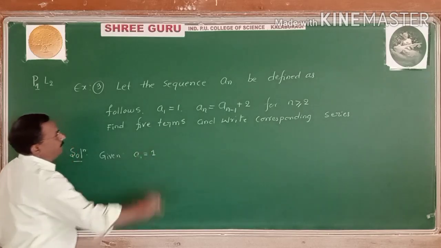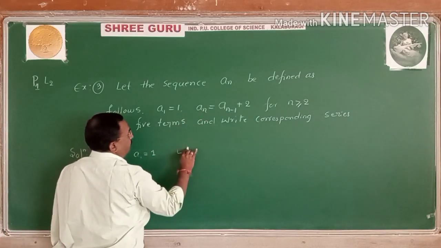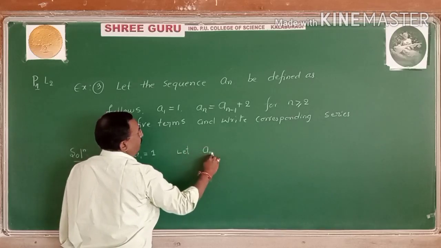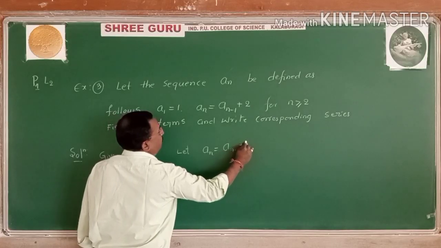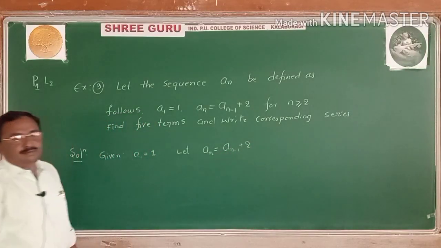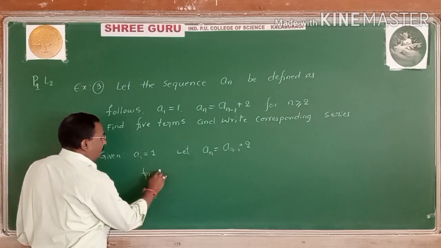That is the main important thing. Let the series an is equal to a(n minus 1) plus 2, for n greater than or equal to 2.